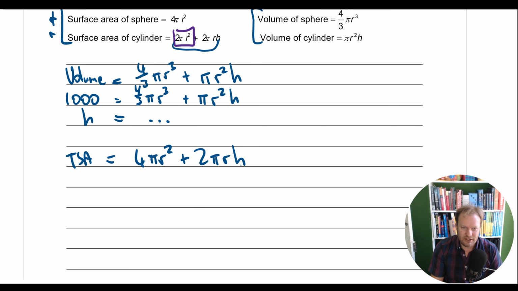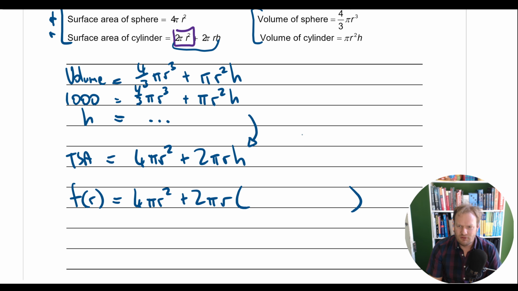Well, this surface area isn't just in terms of r, it's also in terms of h, but we know what h is from our previous working. So our total surface area, we can call it s, or I just went for function, a function in terms of r is 4 pi r squared plus 2 pi r h, whatever you got in that line above.